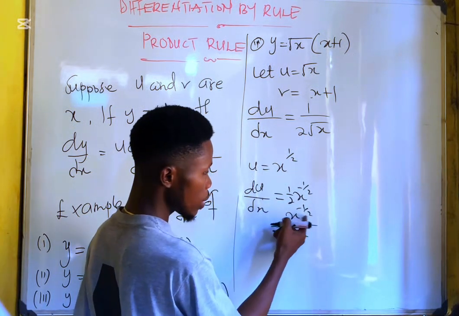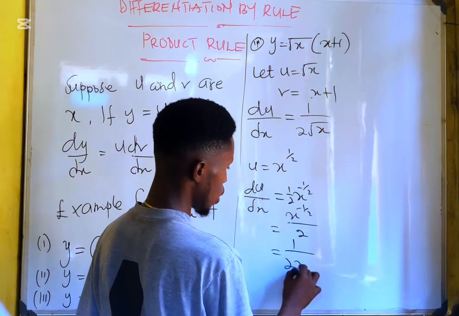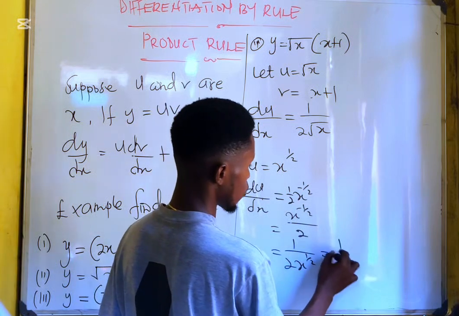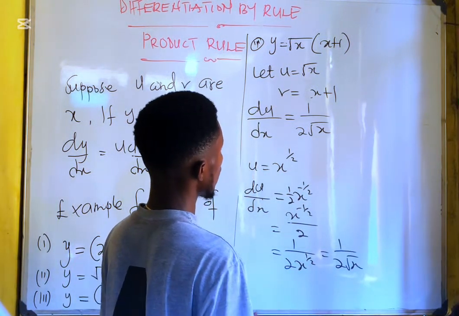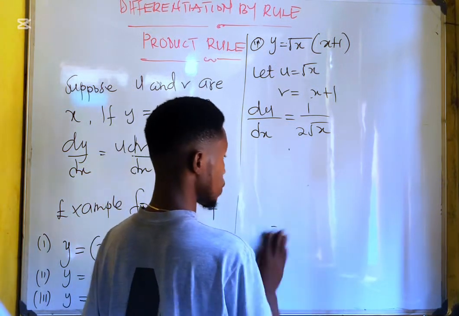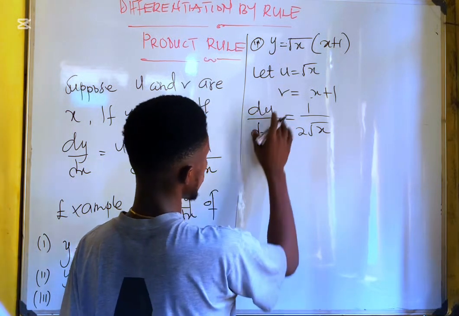Because it's negative, the whole of this will come down so that it becomes positive. So that will be 1 over 2 x to the power half, and anything to the power half is square root. So we are going to have 1 over 2 root x. So that's why I have this answer there. Everything we are doing here, you can use the first principle to get the answer. Okay. All right.